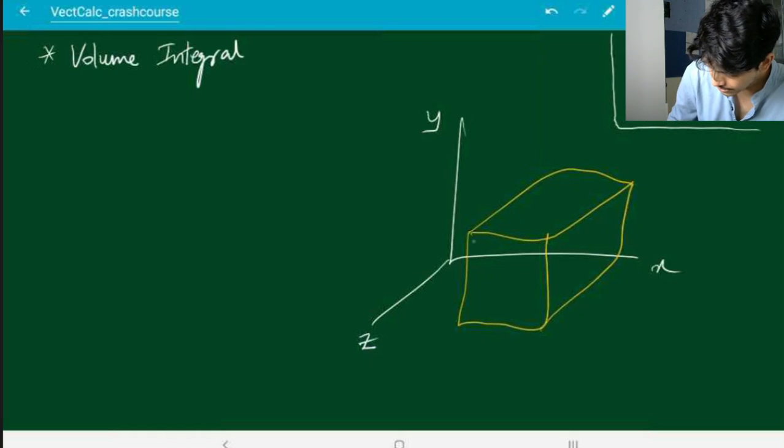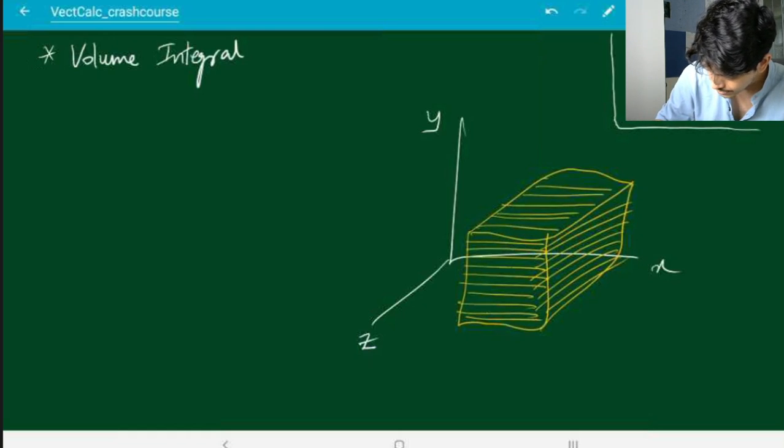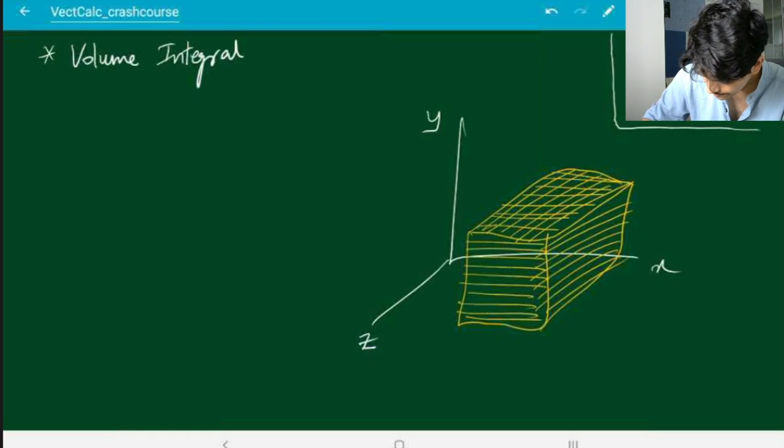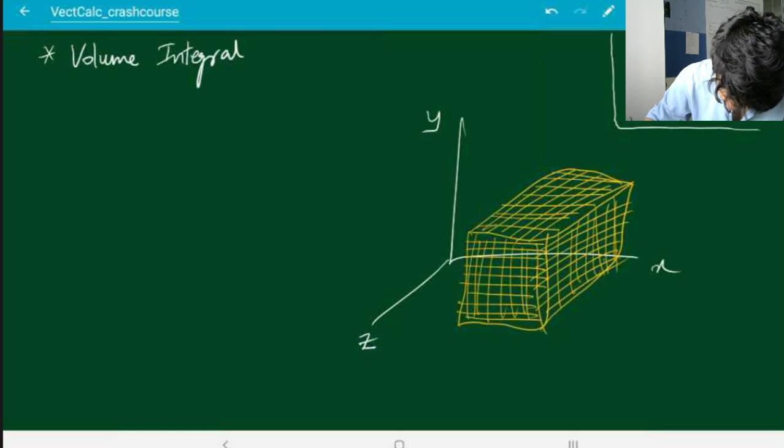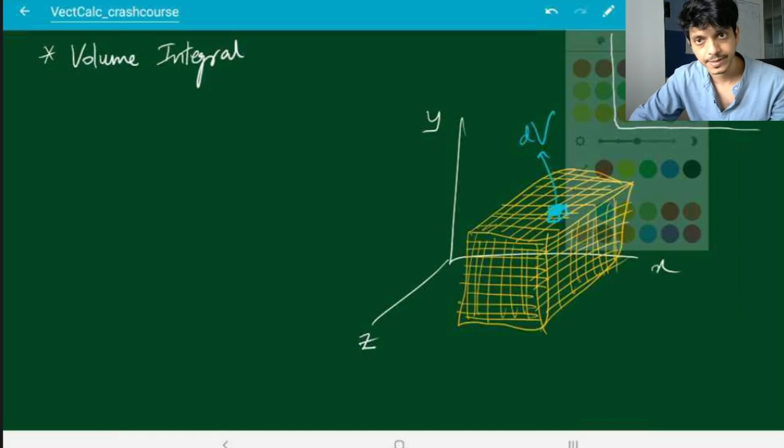So once again, I have to divide this entire volume into a large number of infinitesimal volume elements. So if you take one of these volume elements, and let's call this one dV, I'm just calling it capital V to distinguish it from the small v, which is the vector that we are integrating.